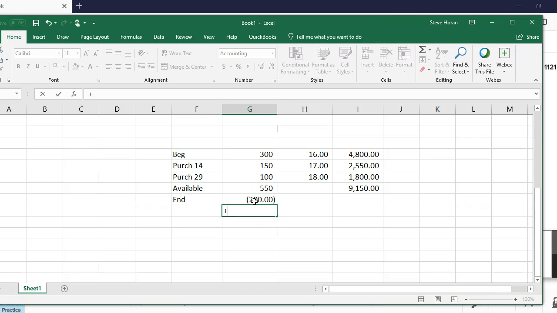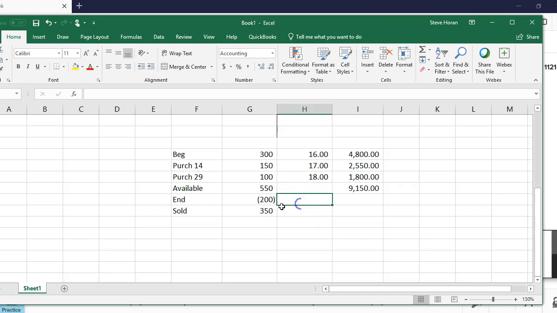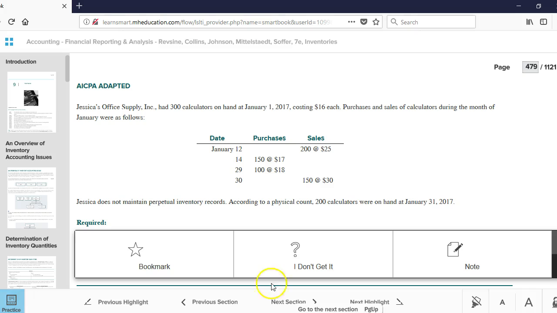Then 550 minus the 200 is 350. That's not my ending count, that was what was sold. I sold 350. Okay, so my ending count was 200, which means I sold 350. And that works when you go back to the problem. We have the two batches of sales here, 200 here and 150 here.